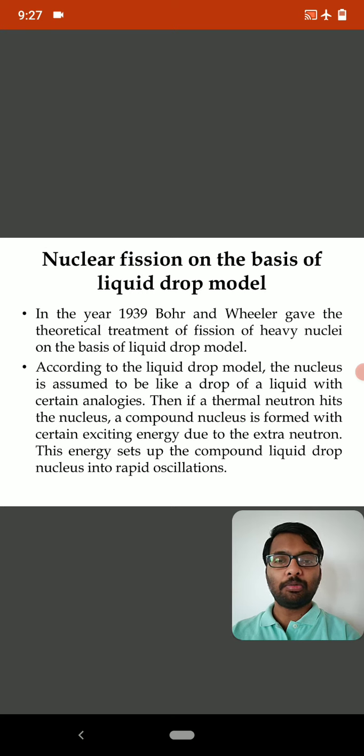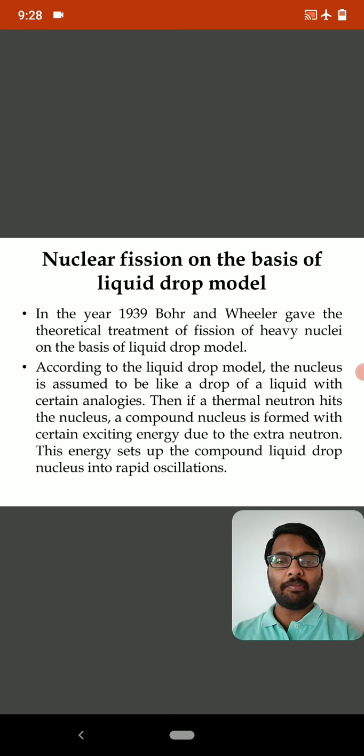If a thermal neutron hits the nucleus, a compound nucleus is formed with some excitation energy due to the extra neutron. Neutrons are classified based on energy, such as thermal, epithermal, slow and fast neutrons, with energies varying from electron volts to a few mega electron volts.